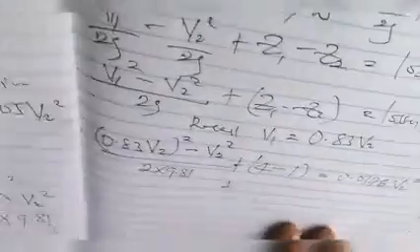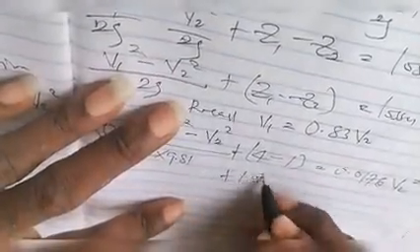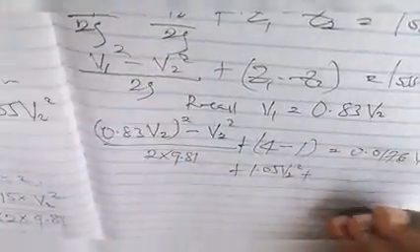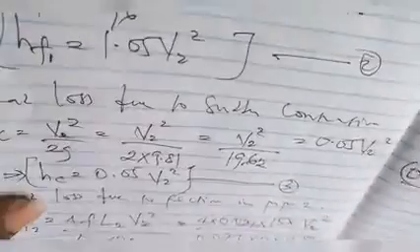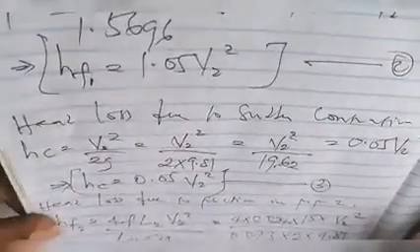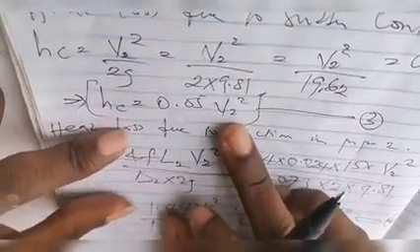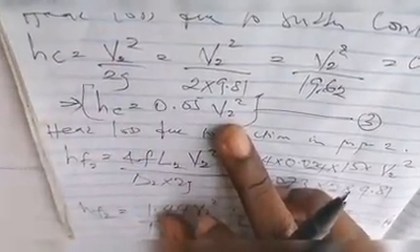So we add that up, plus 1.05 V2 squared, plus next is head loss due to sudden contraction. So let's look for it. Head loss due to sudden contraction over here, we obtain to be 0.05 V2 squared.